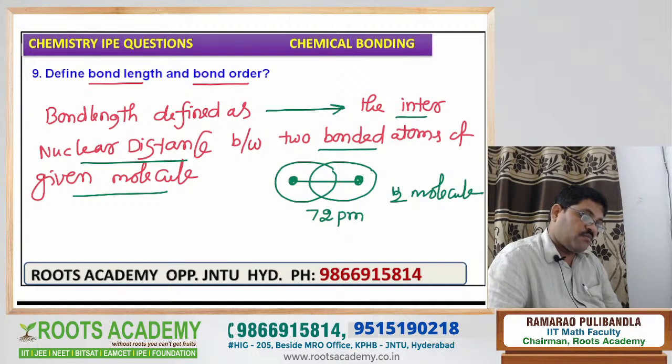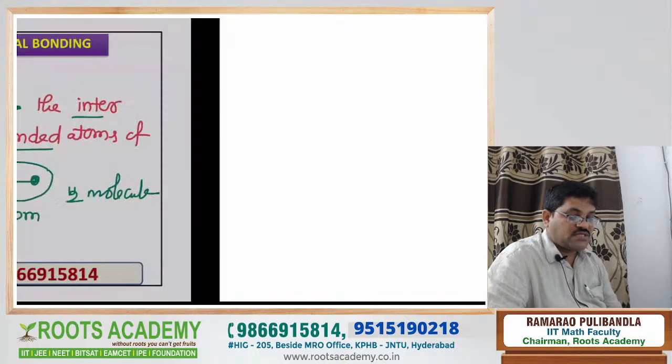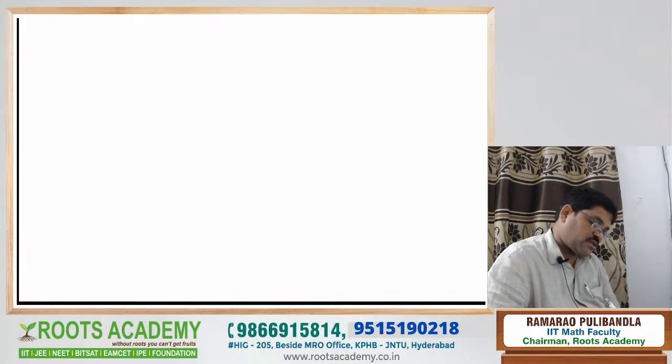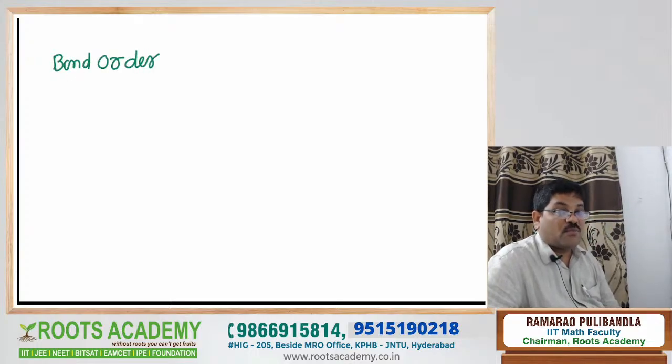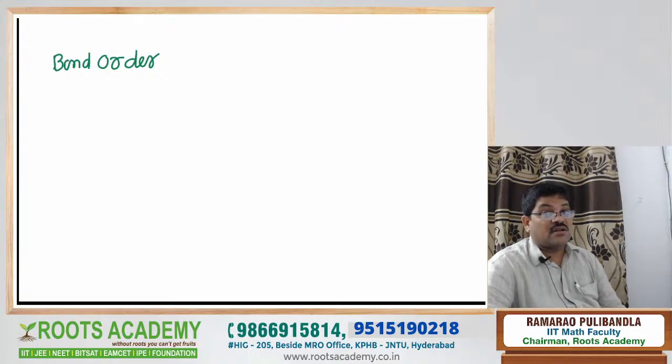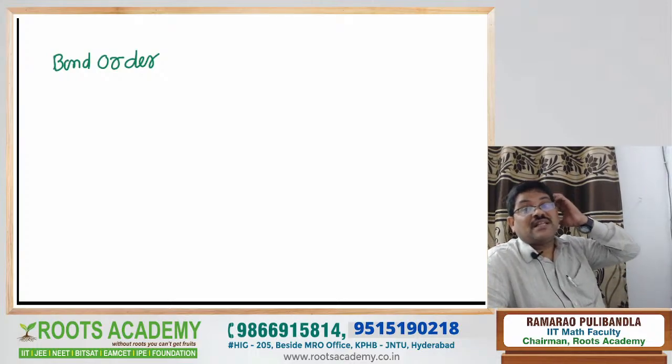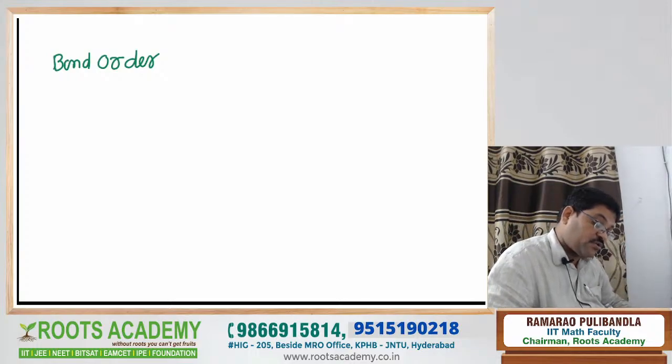And come to the bond order. What's the meaning of the bond order? Most of the students don't know the statement. You say bond order is 1, sir, bond order is 2, sir, bond order is 3, like that. But you don't know the statement. How do you define bond order?